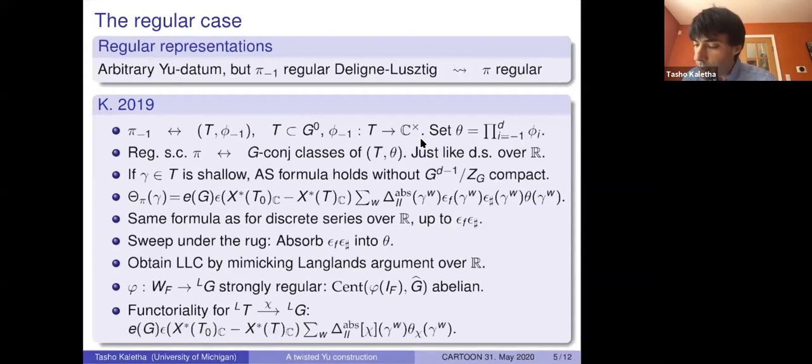And then we can write down the following formula, which looks very much like the formula up there for the character. We use the same roots of unity in front, the same sum. And then we use the character that we have obtained from the local Langlands correspondence for tori. It depends on chi, but this delta 2 that I left unspecified is a root of unity that also needs the same chi as an input.